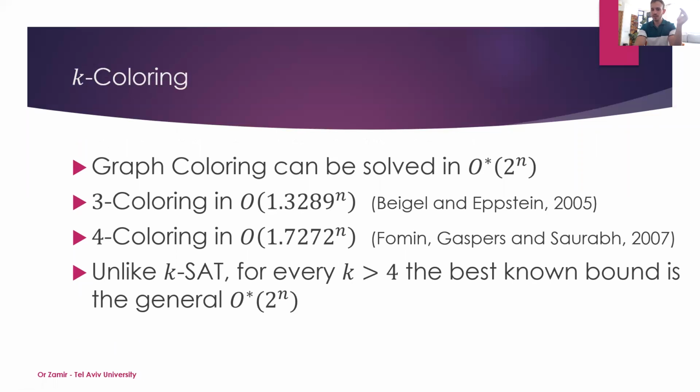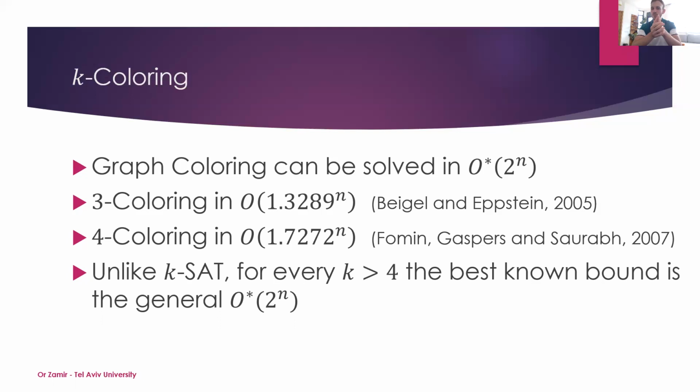Unlike the case of k-SAT, for every k that is larger than 4, the best known bound was still this general 2 to the n, which is somewhat interesting, right? Because it made sense beforehand that for any specific k you can get something that is exponentially faster, but here it seems to get stuck at some point.